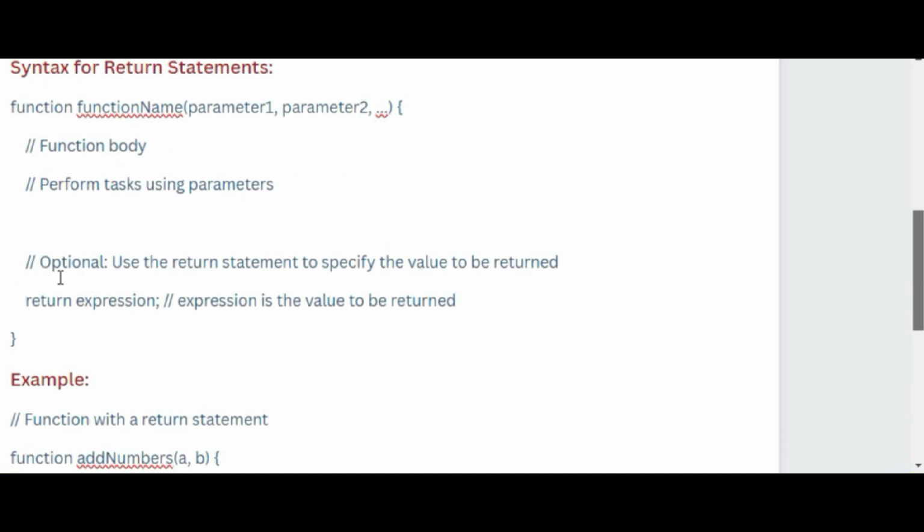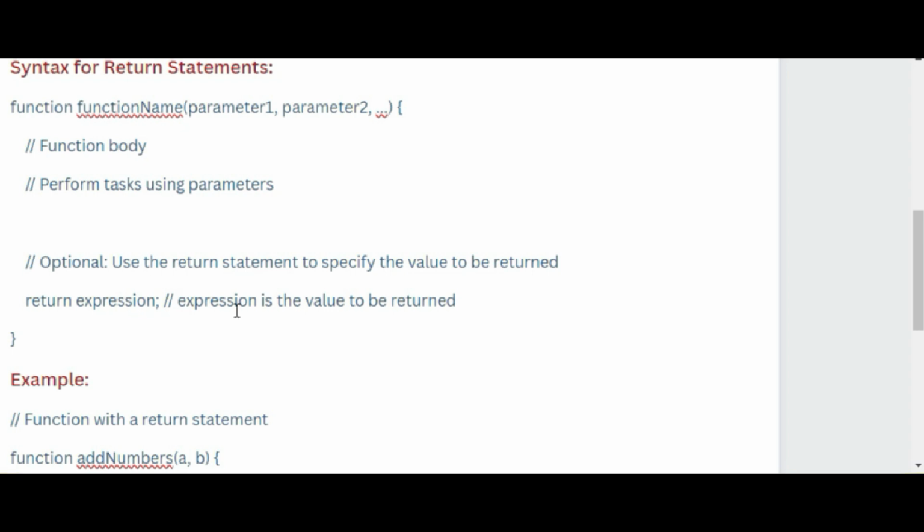The expression is evaluated and its value becomes the result of the function call, okay. If the return statement is not present, the function returns undefined by default. This is the third point, right? I'm explaining about the return expression.